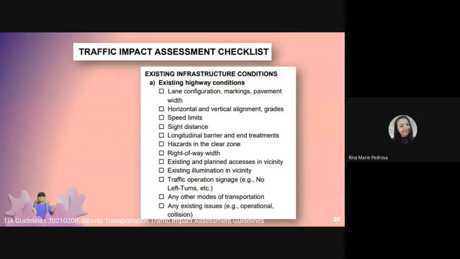Another TIA checklist would be the existing infrastructure conditions, starting with the existing highway conditions, lane configuration, markings, pavement width, horizontal and vertical alignment, grades, speed limits, sight distance, longitudinal barrier and end treatments, hazards, and the clear zone, right of way width, existing and planned accesses in vicinity, existing illumination in vicinity, traffic operation signage, for example, no left turns, etc. Any other modes of transportation, any existing issues, that is, existing highway conditions.